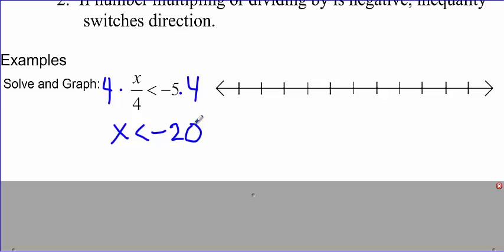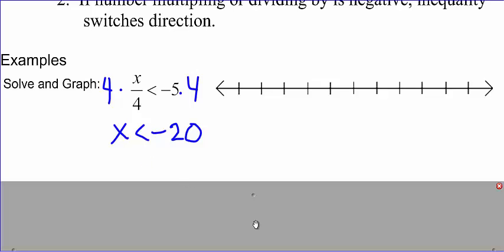The number we are multiplying by, this number right here, is a positive number. So our inequality will stay going the same direction. So our answer is x is less than negative 20.